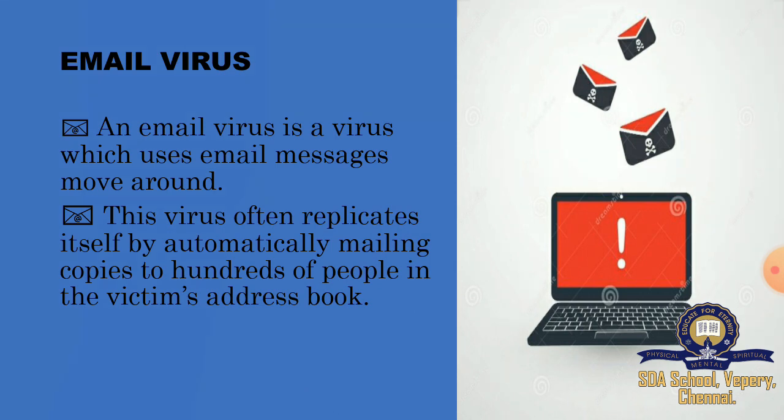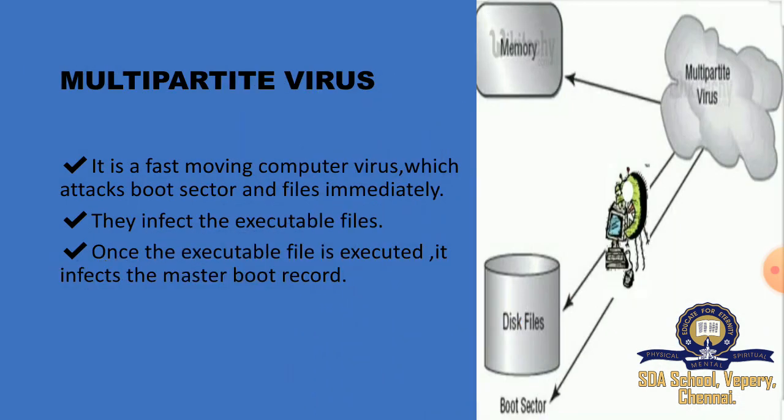Next is multipartite virus. It affects the memory and the disk file. It is the fast moving computer virus among these types, which attacks the boot sector and the files simultaneously. They infect the executable files.